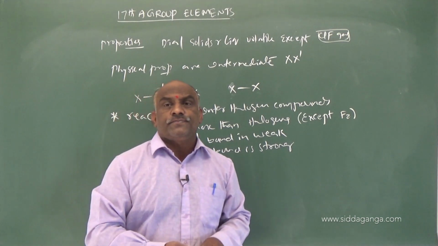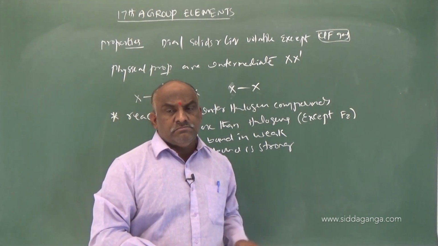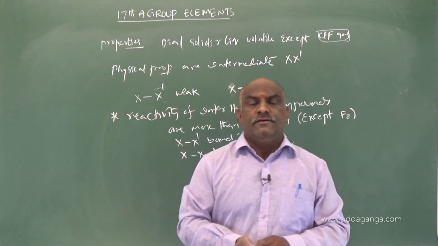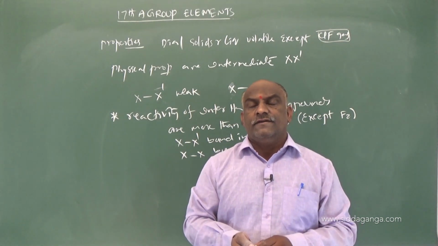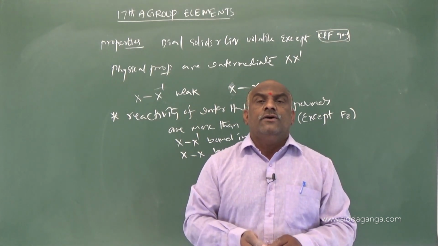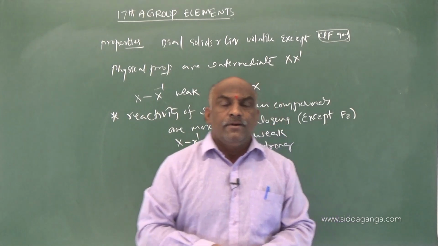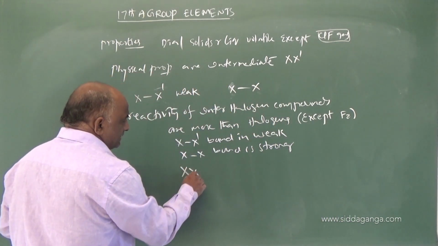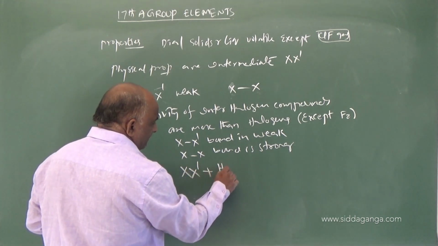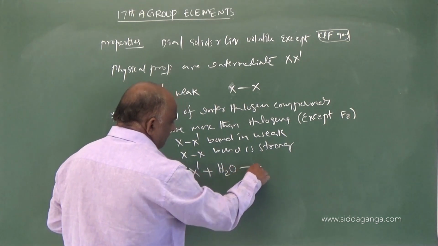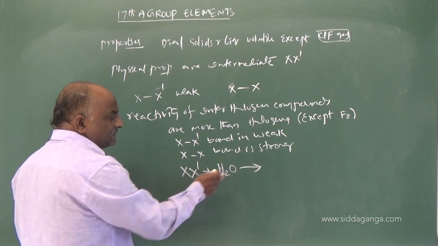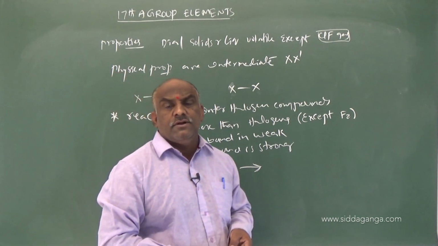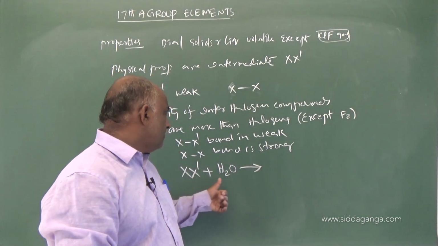And these are readily hydrolyzed, even traces of water, it is readily hydrolyzed to give two types of compounds. This point was very important. XX dash plus H2O gives hydrolysis of interhalogen compounds.